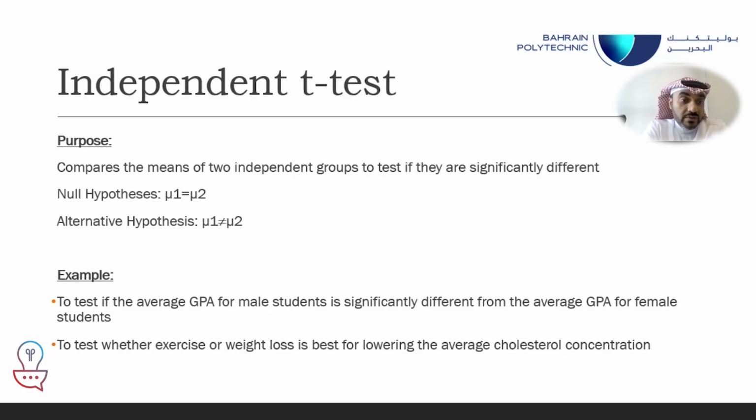Another example is to test whether exercise or weight loss is best for lowering the average cholesterol concentration. So I have exercise and weight loss, and I want to check which one is better in lowering the average cholesterol concentration.